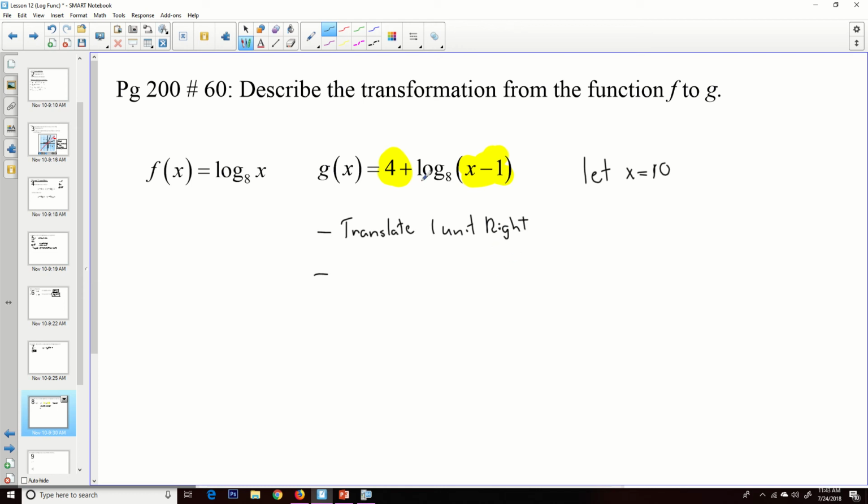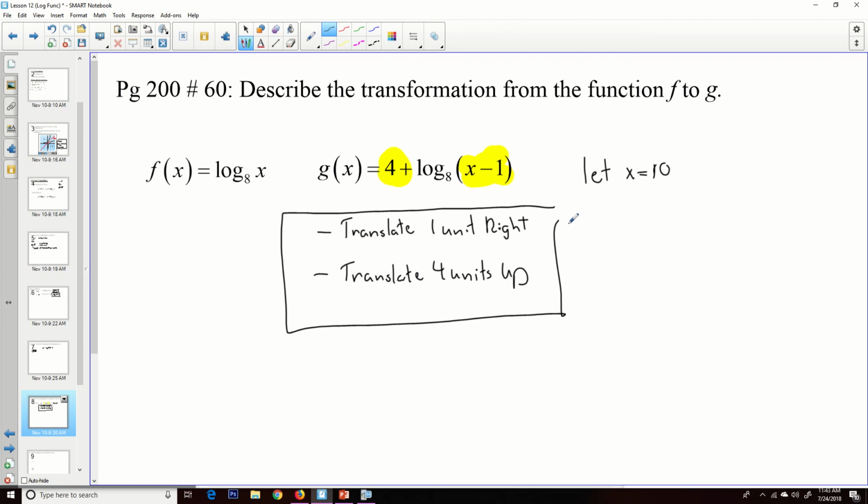After I've subtracted 1, then I'm going to take the logarithm base 8 of that thing. That's now the function, and now I'm adding 4 to the function value. When you add to the function, you translate up. And so those are our transformations, and again, we are finished.